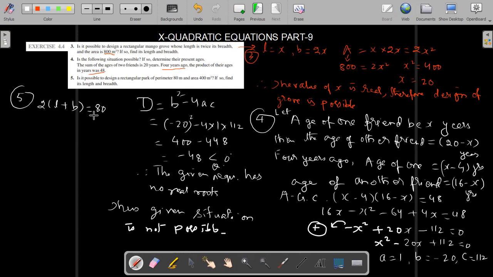So length we can take x, then we can find the breadth. Length plus breadth is equal to 80 divided by 2, that is 40, and length is equal to x. So breadth will be equal to 40 minus x.